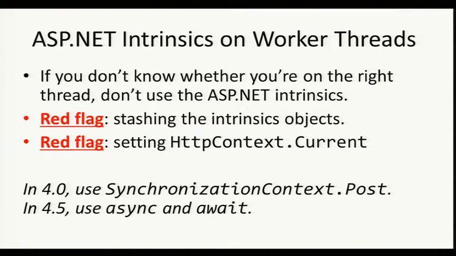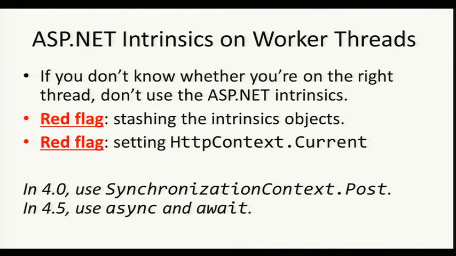Remember, we sit on top of IIS, and we have to pool a bunch of our resources, such as memory queues. So if you're writing to a memory queue that's been repurposed for another request, and you're not using SynchronizationContext.Post, we might not have detected that switch took place, and all hell just breaks loose. The other thing is interesting: we keep saying use async and await in order to make sure it does the right thing. That only works if you call await on the request thread to begin with.